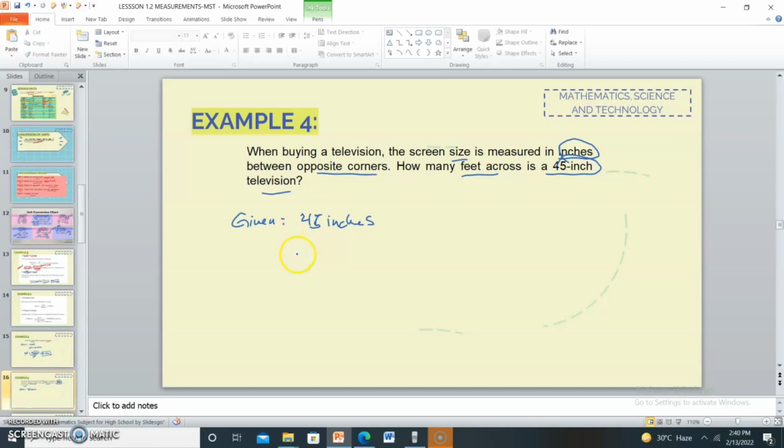And the conversion of units: 1 foot is equivalent to 12 inches, same as in previous examples.